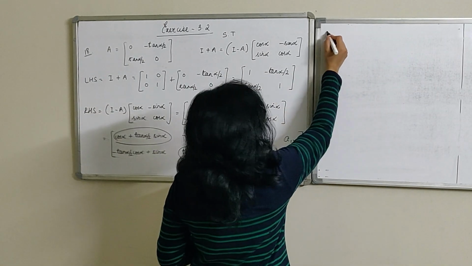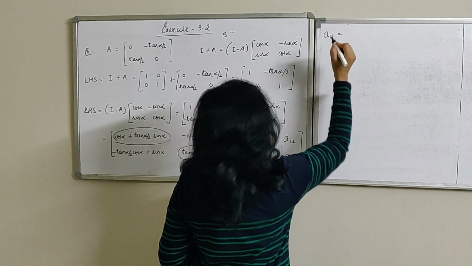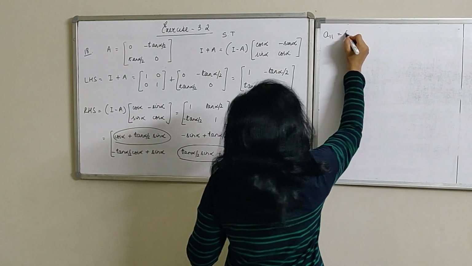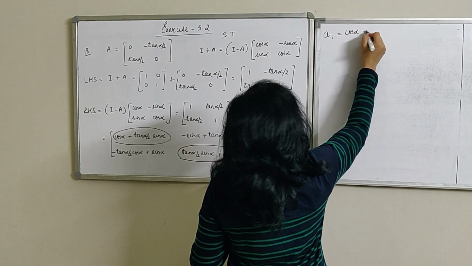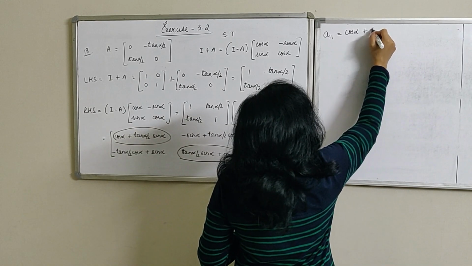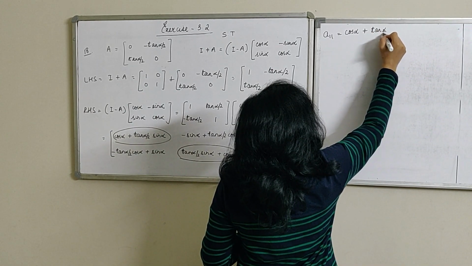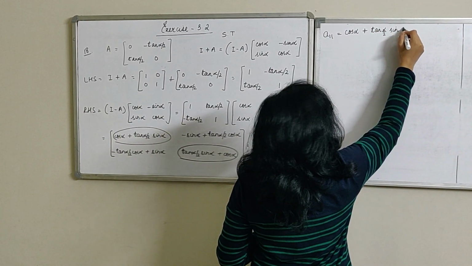So let's find out here A11. The element here is cos alpha plus tan alpha by 2 into sin alpha.